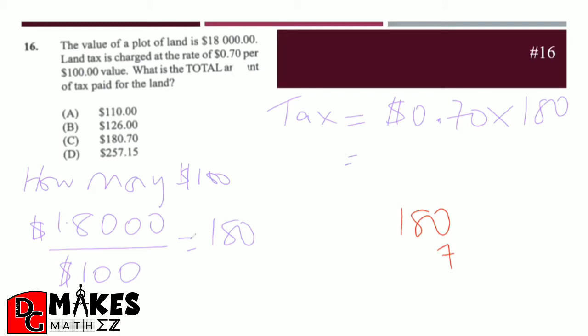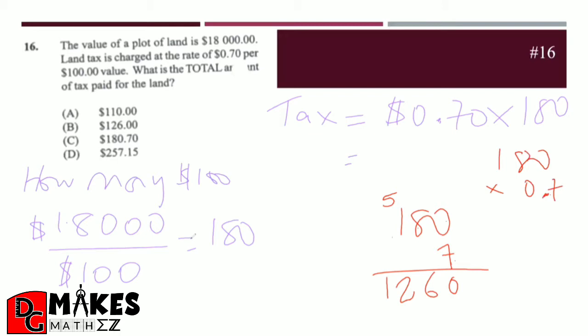Here we go. 7 times 0, that's going to be 0. 7 times 8, that's going to be 56. 7 times 1, that's going to be 7, plus 5, that's going to be 12. And since we had multiplied 180 by 0.7, we know we don't have to put that 0.